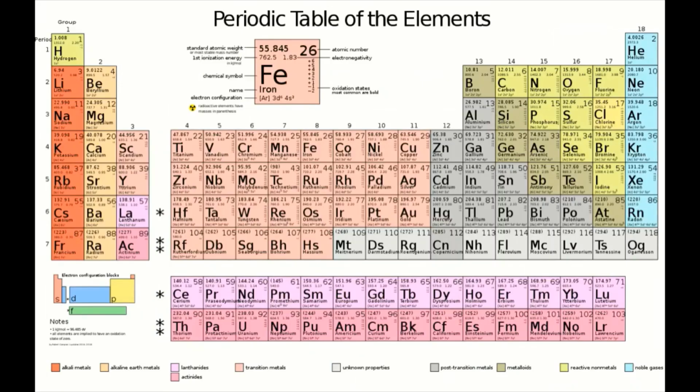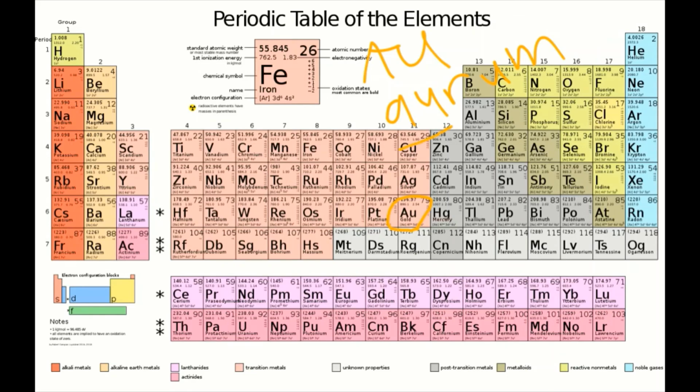So let's talk about why some elements have weird symbols. For example, gold on the periodic table is defined by the symbol Au. Now, gold doesn't have anything to do with the word Au. So why is it called Au? Well, Au comes from the Latin name aurum, which stands for gold in Latin.